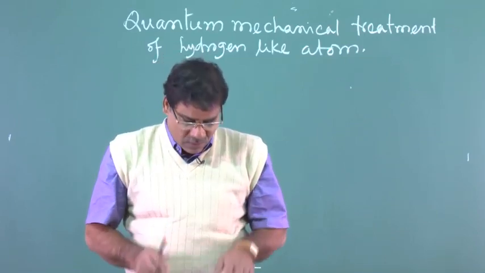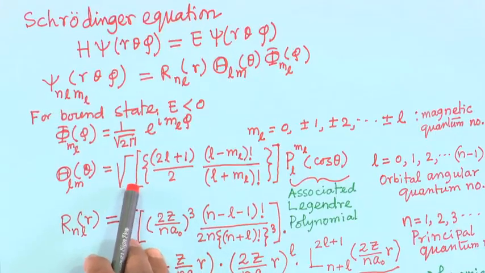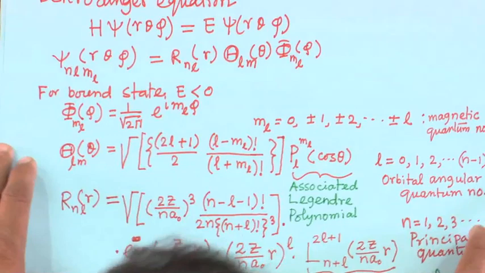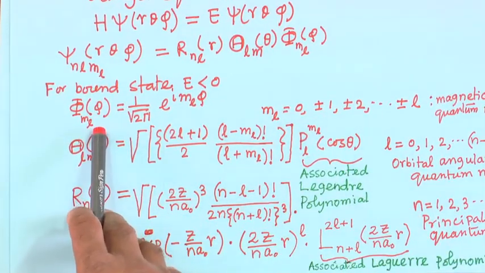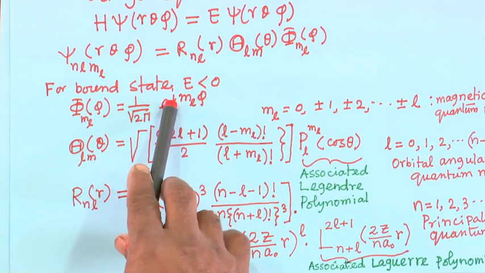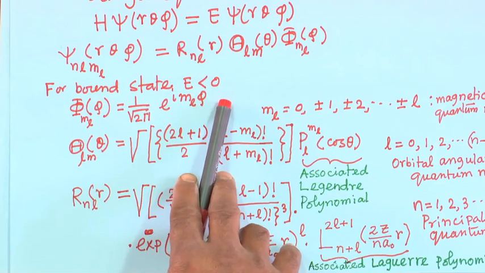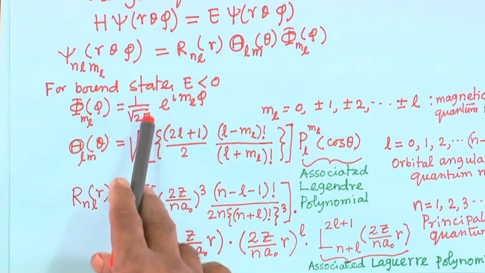Basically here we have got the wave function that is phi dependent, phi ml. So, this is e to the power i ml phi. The other part is the normalization part.